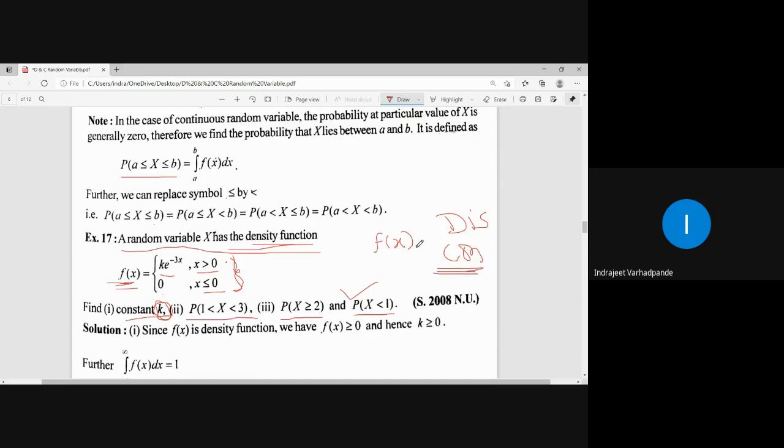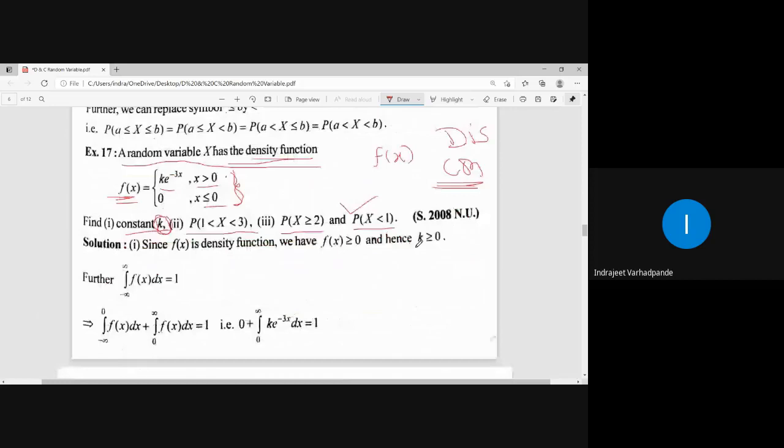What is the condition for continuous random variable? For continuous random variable, f of x is greater than or equal to 0, means k should also be positive, and integral minus infinity to infinity f of x dx is equal to 1. This is the most important condition for calculating the value of constant k.